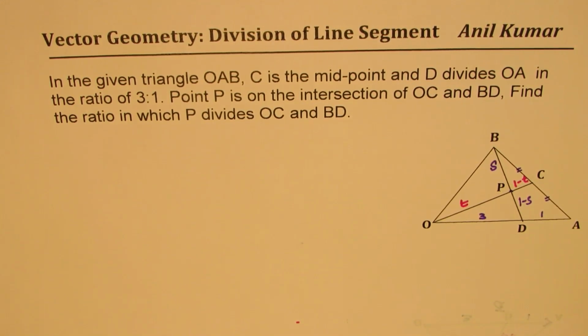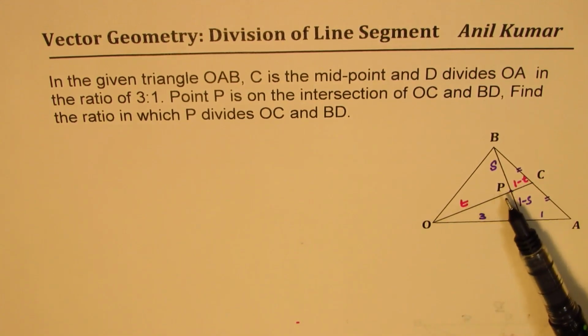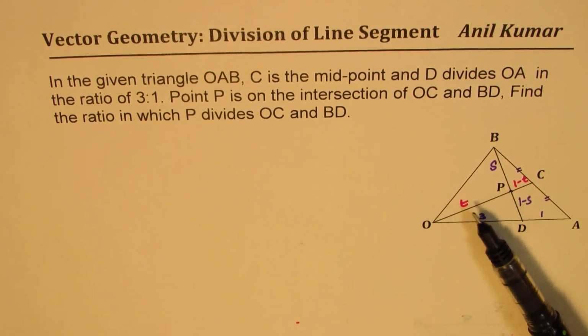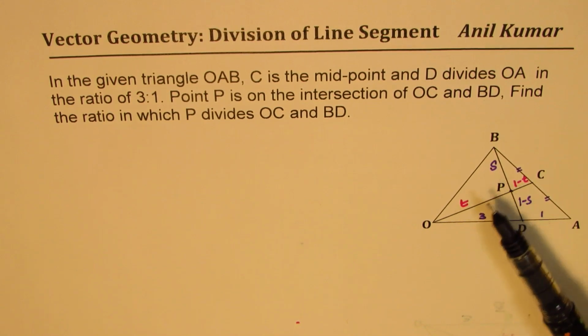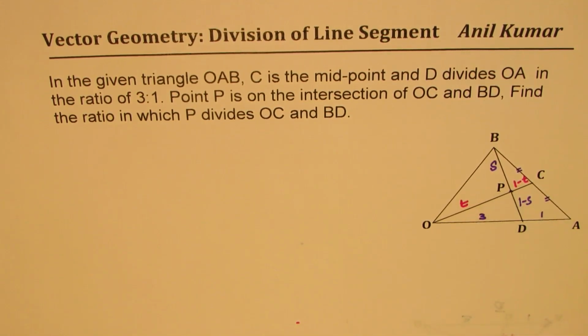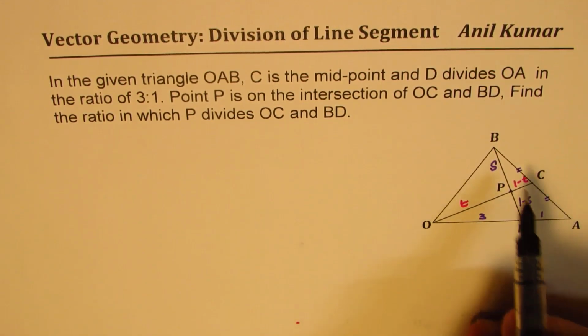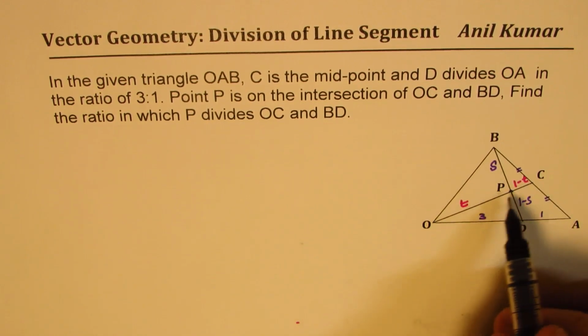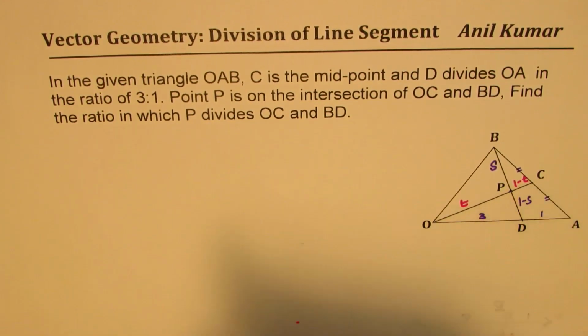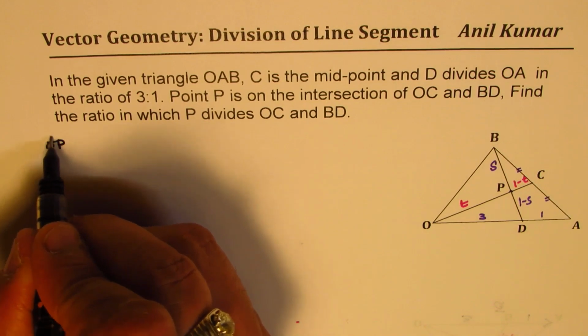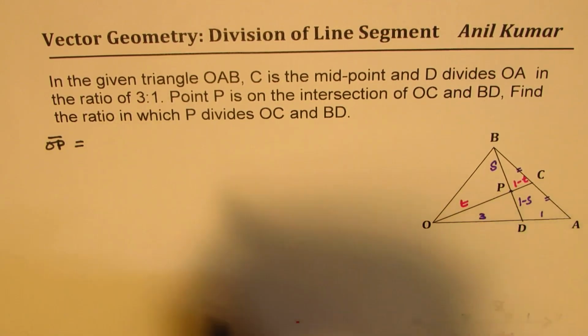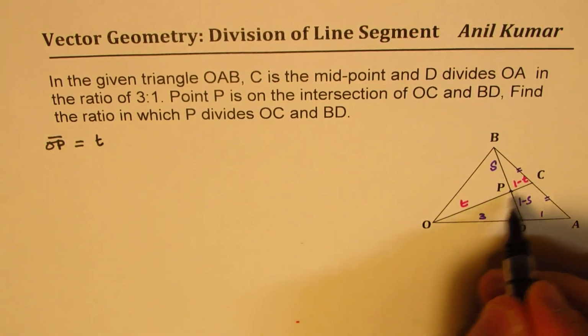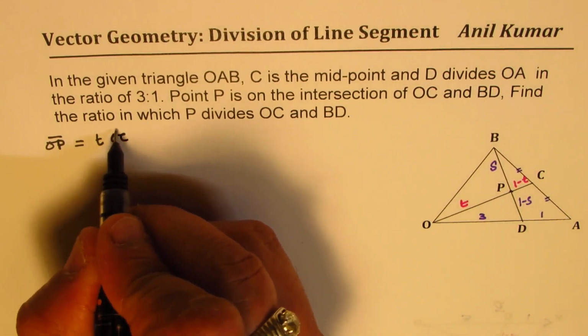Now the idea here is to write OP in two different ways involving both the parameters, and then we'll isolate them and figure them out. So let's first find what is OP from this direction. So we know OP can be written as T, a scalar multiple of OC, right?